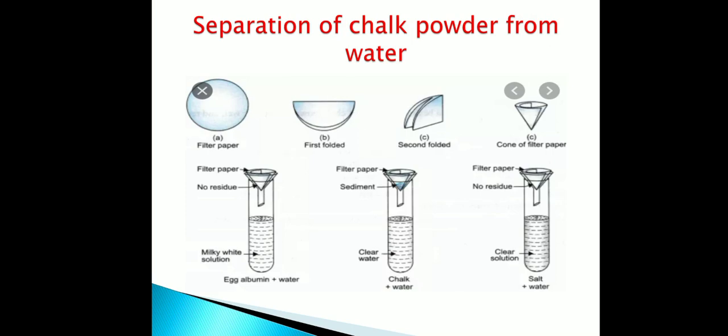In another beaker, you have to take one funnel and insert a cone of filter paper inside the funnel. Slowly you have to pour the mixture of chalk powder and water inside the funnel. You will see that the residue of the chalk powder will be left behind on the cone and the pure water will come down into the beaker.